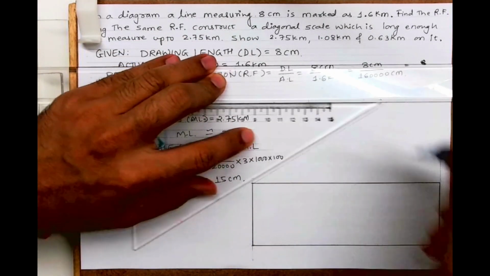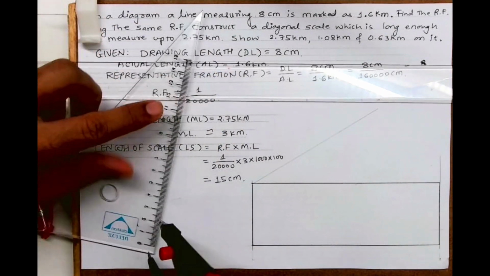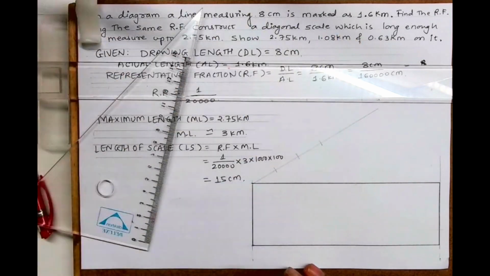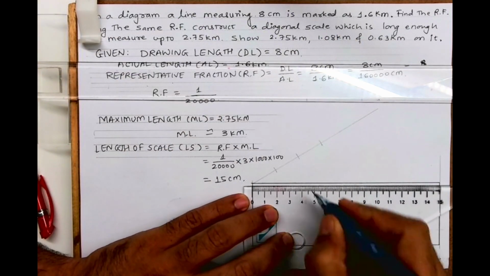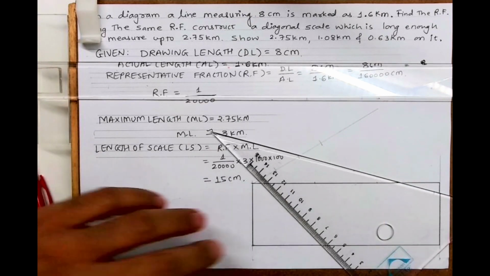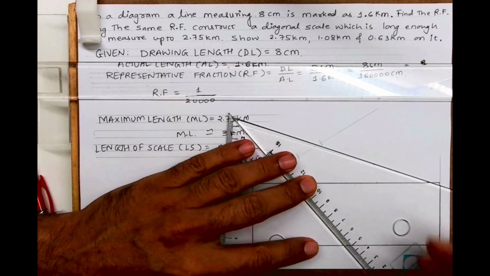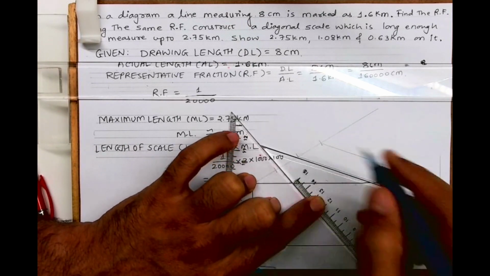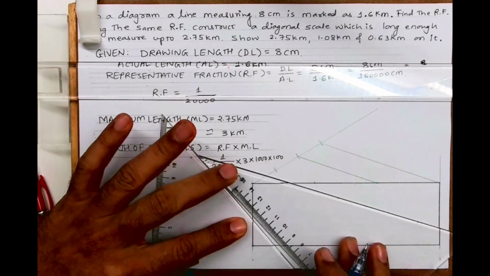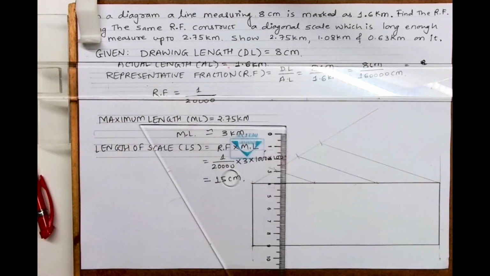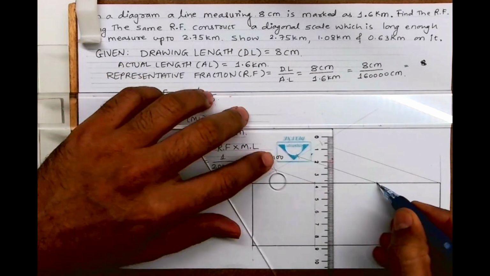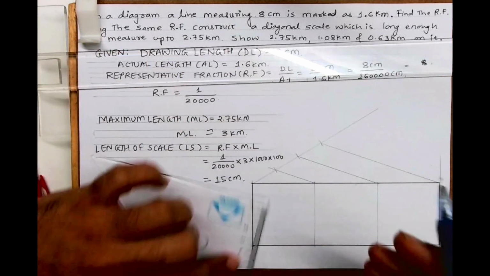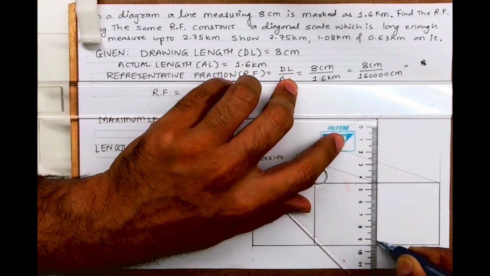Now we'll divide this scale into how many parts? 3 parts, because maximum length is 3 kilometer. So we got 1 kilometer, 1 kilometer, 1 kilometer each.